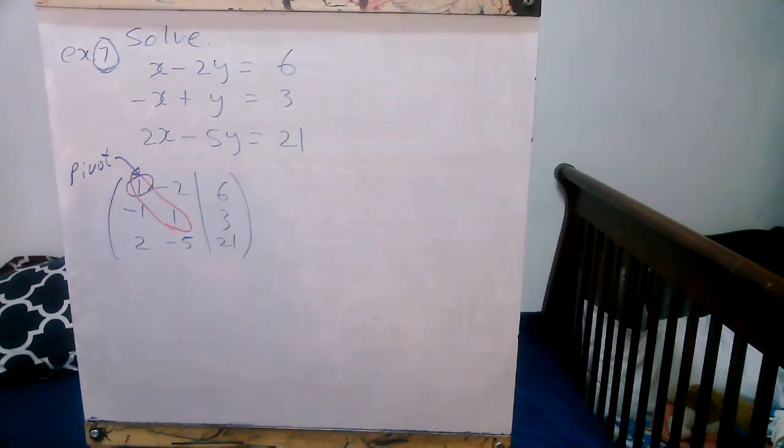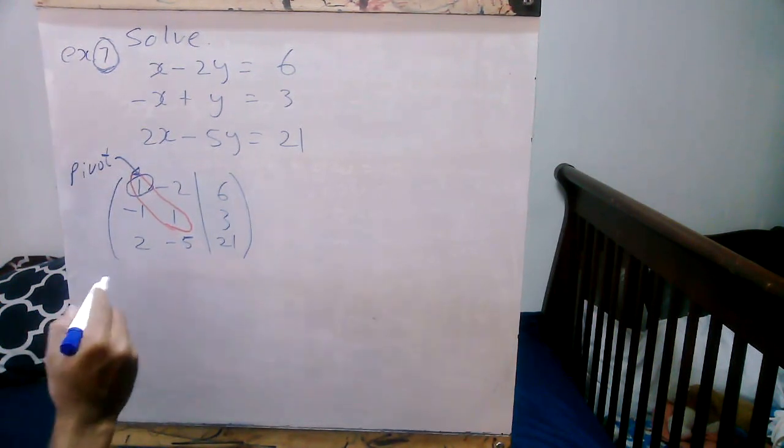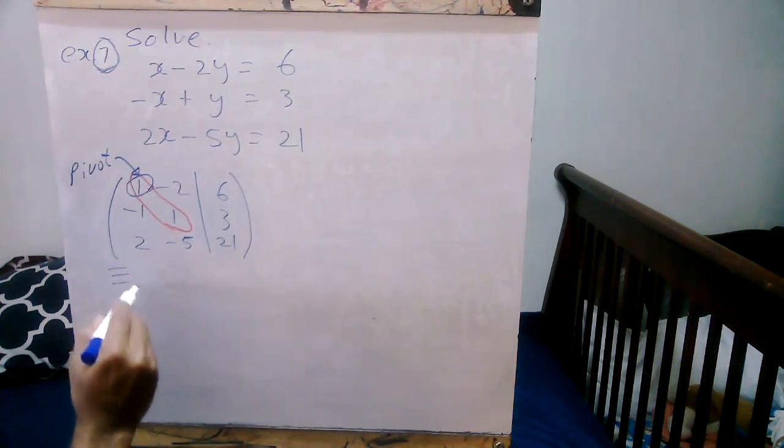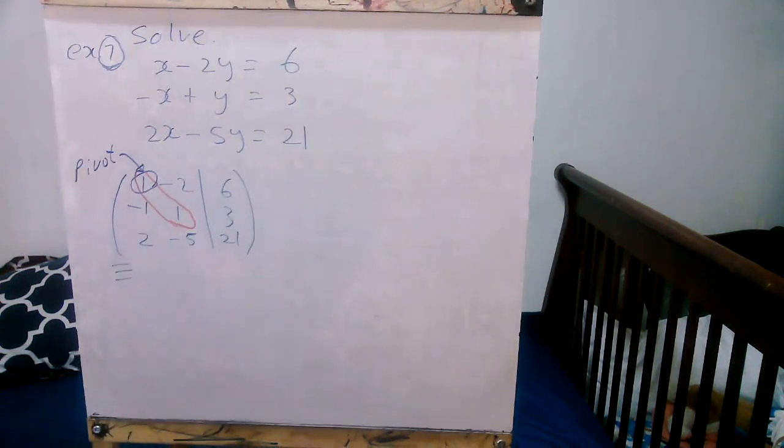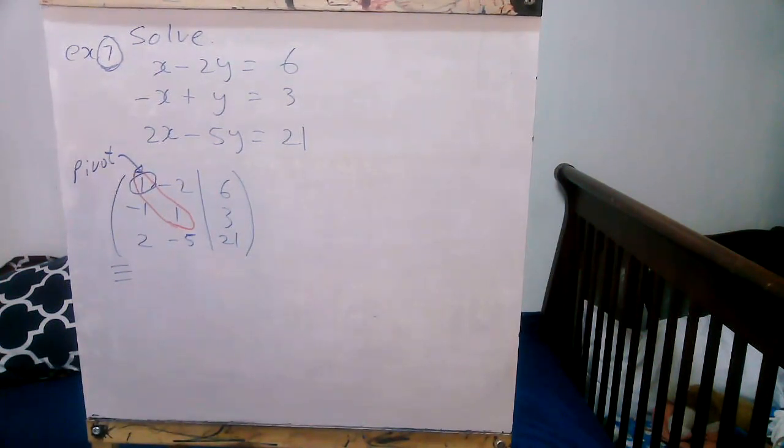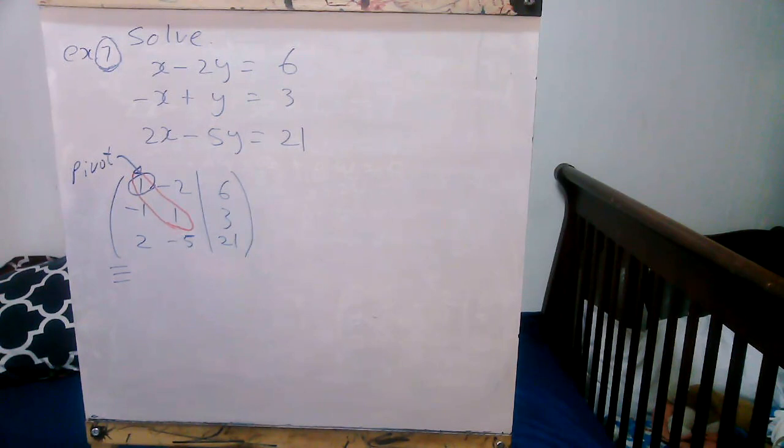Now when you do row operations, you know how to do that. You end up getting this answer. I write the answer.